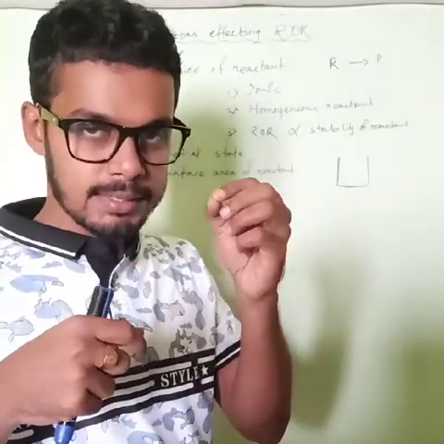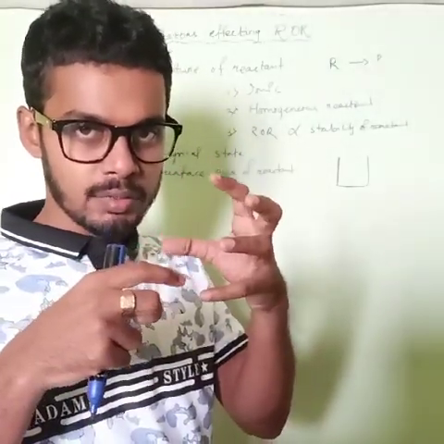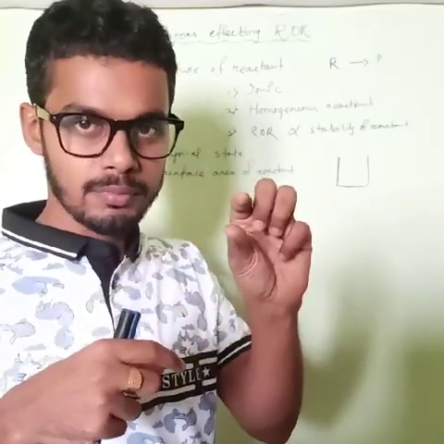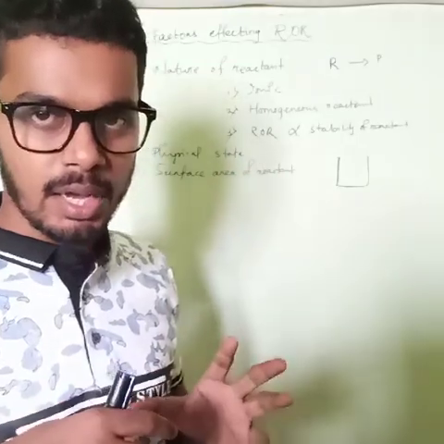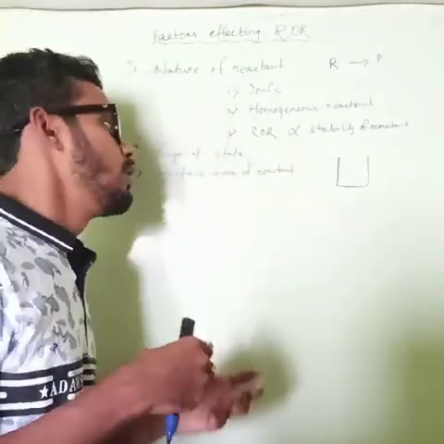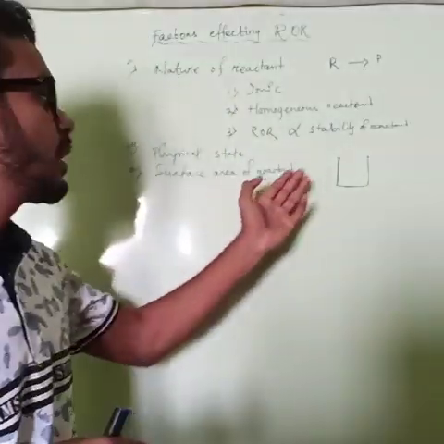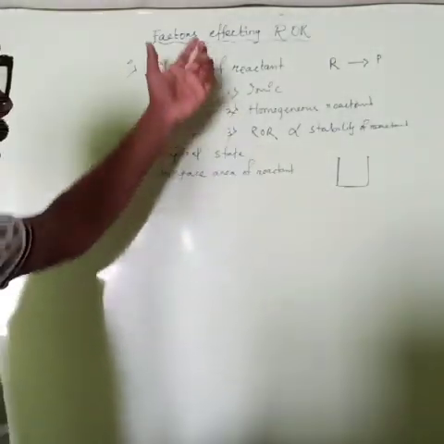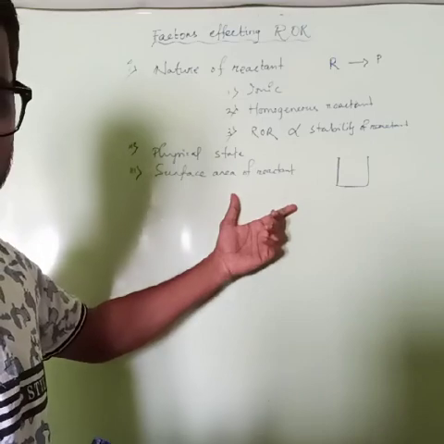Small ice particles are combined. So these are very cold rather than an ice cube. Why? Because of the surface area. High is the surface area, high is the cold. So likewise, surface area of the reactant is also a factor affecting the ROR.